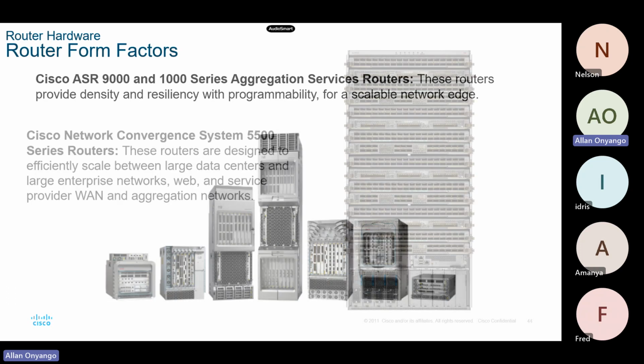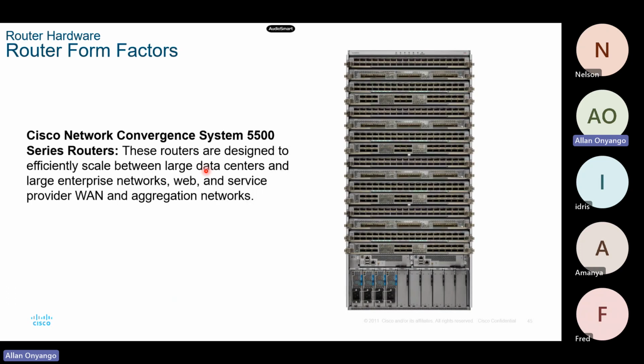So that is that. Still part of the form factors, we have the network convergence systems, the 5500 series. These are routers built for data centers and very large enterprise networks, including web servers, mail servers, and so on and so forth.